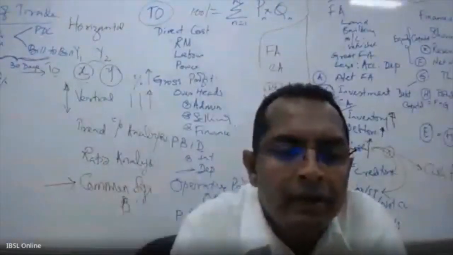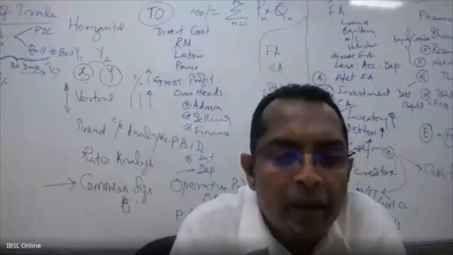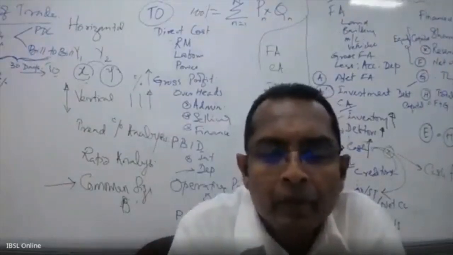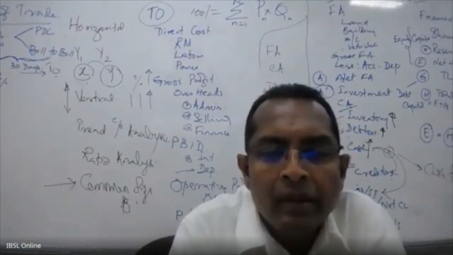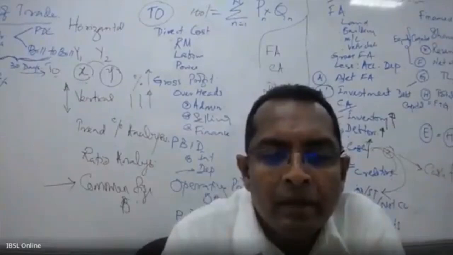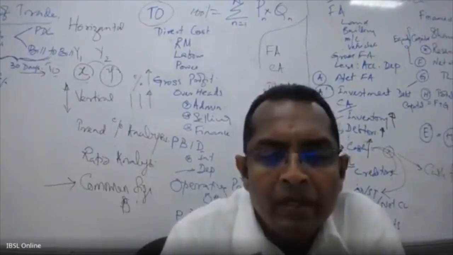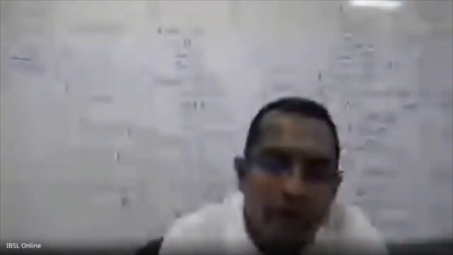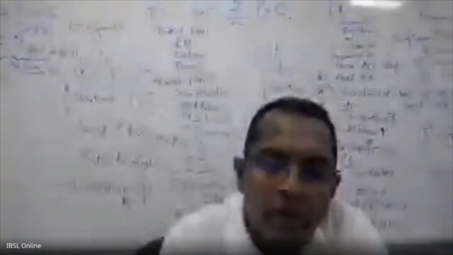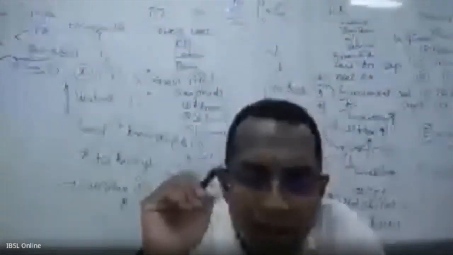Right? That is calculated by cost of sales divided by average inventory. Cost of sales or direct cost divided by average inventory.